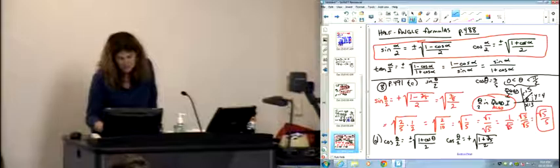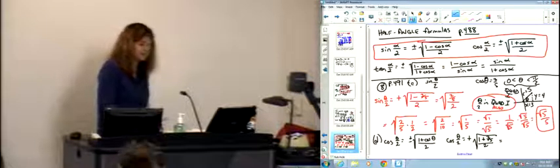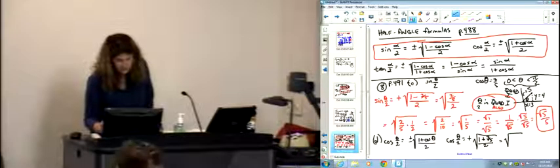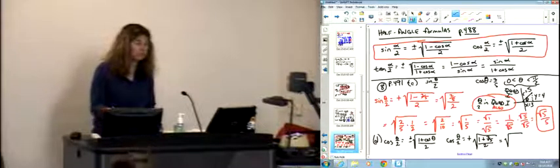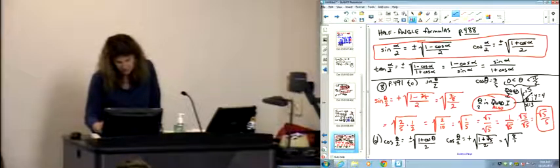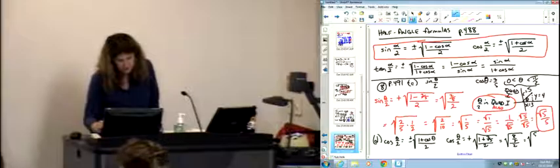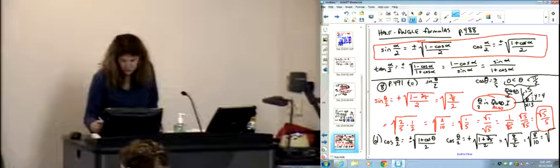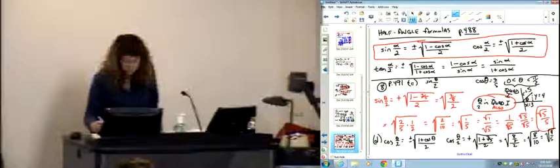This is almost the same exact computation, isn't it? It's very similar. So we're going to have the square root of 1 plus 3/5, which is 8/5, over 2, square root of 8/10. We're going to simplify 8/10 and get the square root of 4/5.